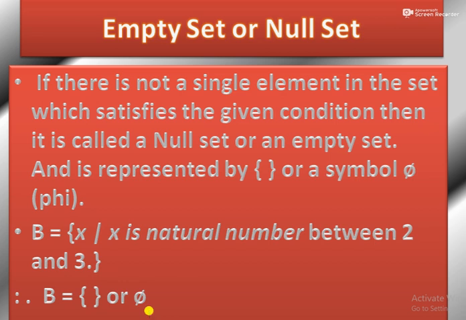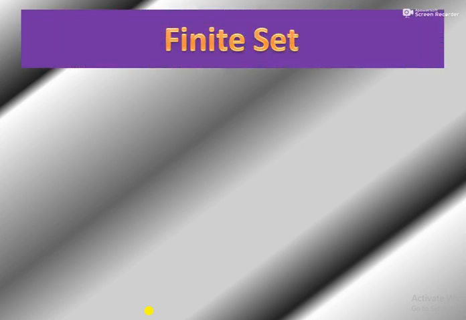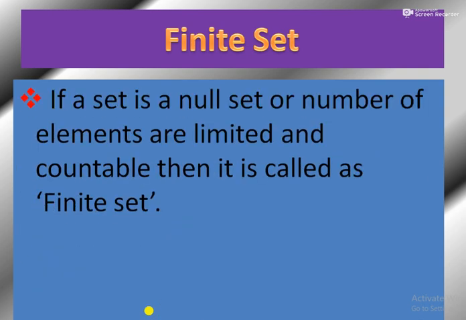Okay, let us move towards the next one. The next set is finite set. Let us see the definition of this set. If a set is a null set, or the number of elements is limited or countable, then it is called a finite set.